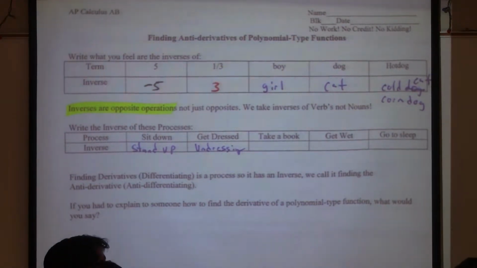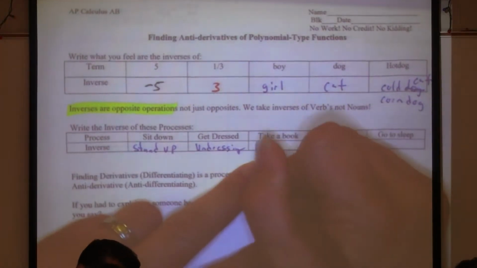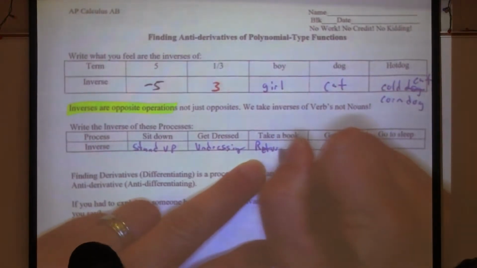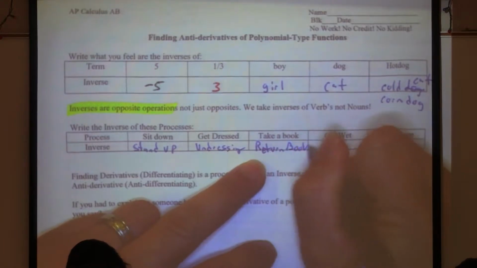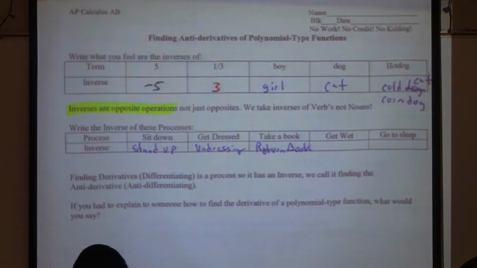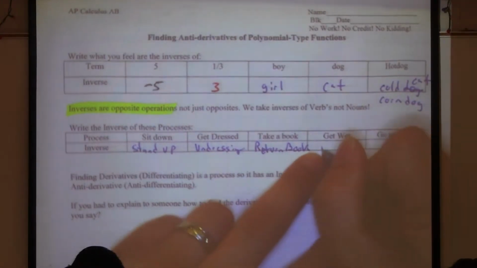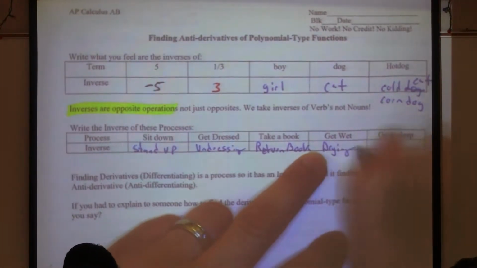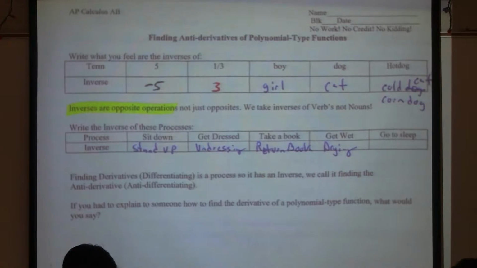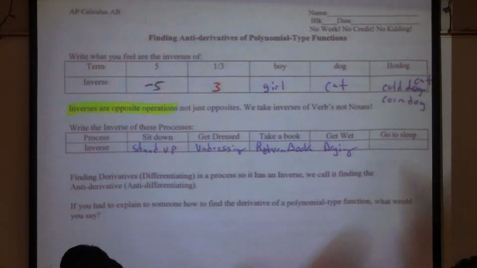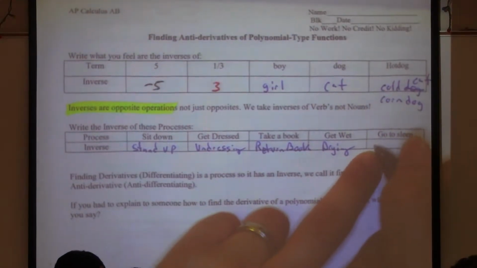Return the book. What would be the inverse of getting wet? Getting dry. What would be the inverse of going to sleep? Waking up.